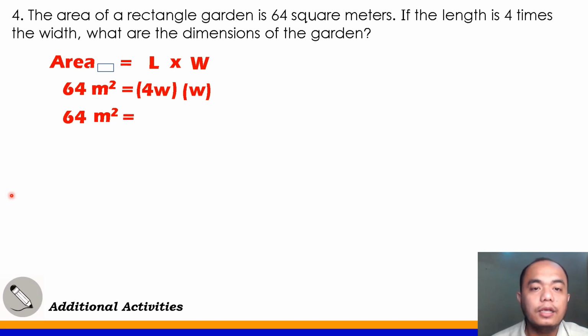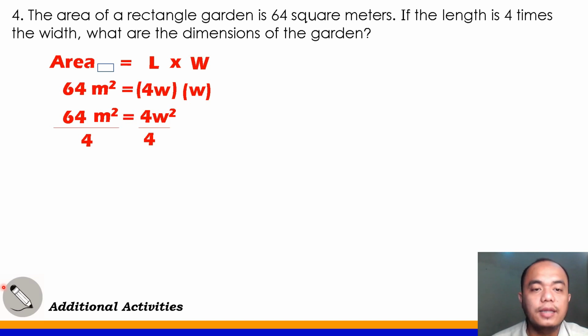And then, equals, how much is 4W times W? Yes, basta multiplication na class, i-add na natin yung exponents ng dalawang variable. That becomes 4 times width squared. What will we do next? Okay, we will divide it by 4 para ang matira dito is W squared na lang.